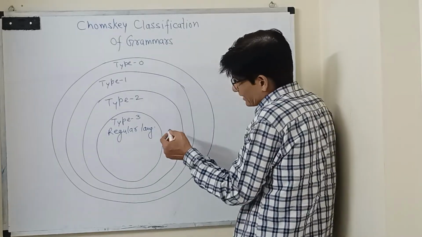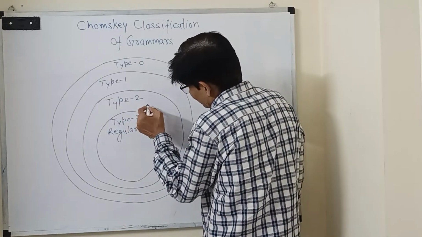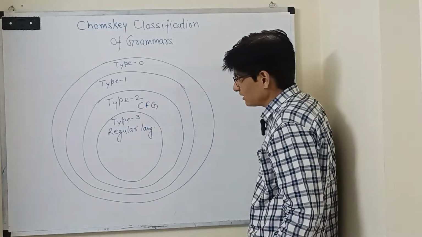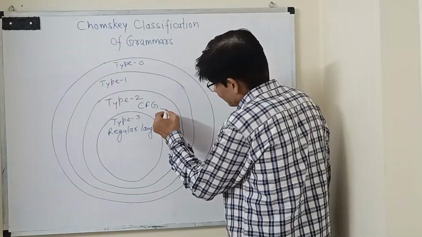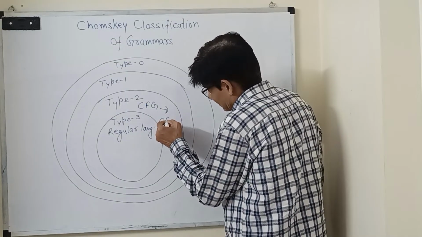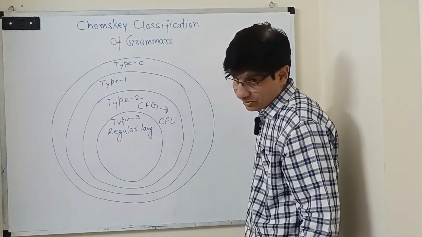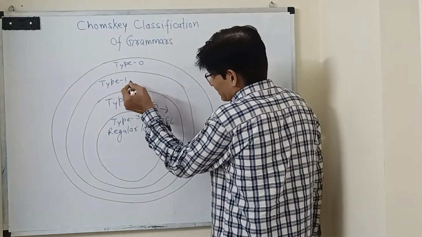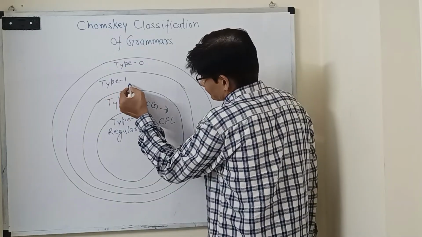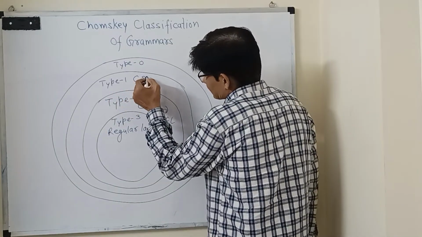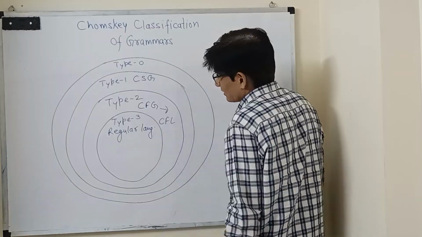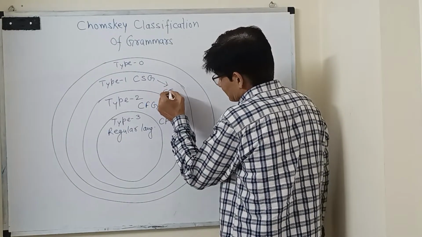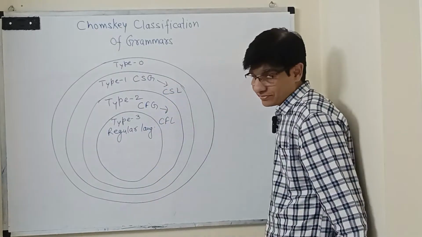Then type 2 is bigger than regular languages. These are CFG, context free grammar, and the languages generated by these grammars are CFL, context free languages. Another set that is bigger than this is CSG, context sensitive grammar, and the languages generated by it are CSL, context sensitive languages.